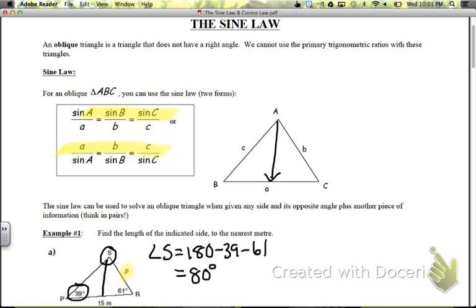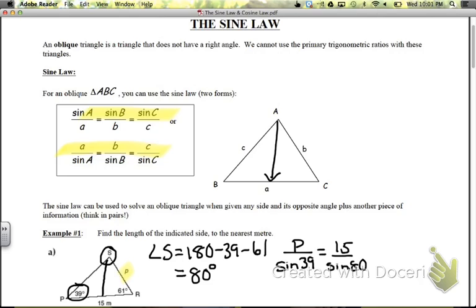So now I have two sets of angles and their corresponding sides, and I can use the sine law. So I'm going to use P in my numerator, since that is my unknown, over sine P, which is sine 39, which is equal to our 15 over sine 80.